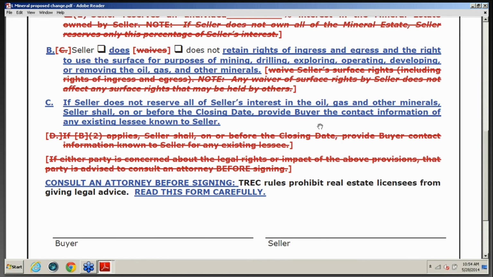Now, with that being said, the new T19 or Doc 1 insurance will cover damage done because of any drilling. So I would encourage you to talk to your title company about that additional coverage, because not only does that protect you now, it protects you through the life that you own the property.